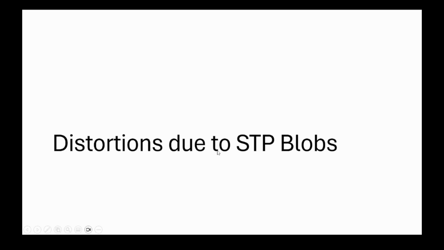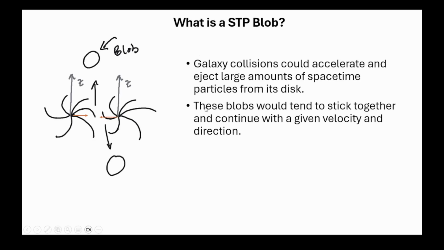Now, I want to move on and finish this last little study with another thing that I'm calling STP Blobs, or Spacetime Particle Blobs. Basically, this is when you have 2 galaxies, this is their velocity, and they're colliding.